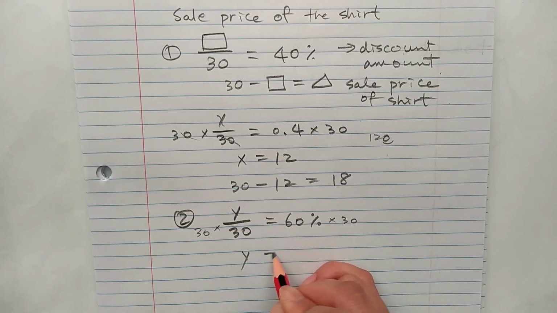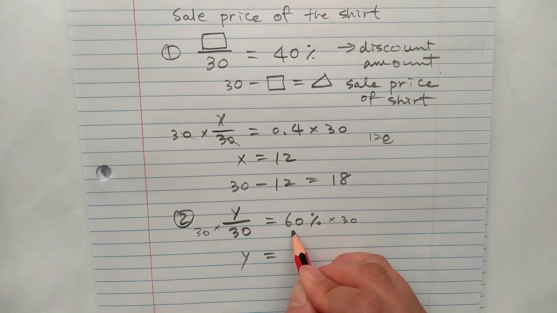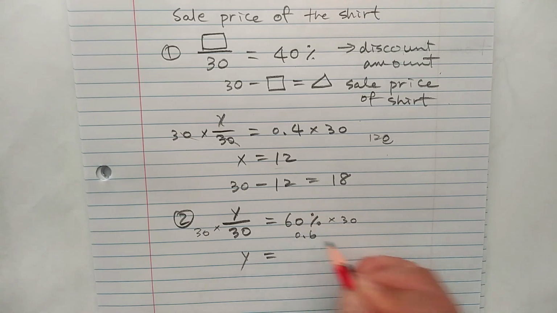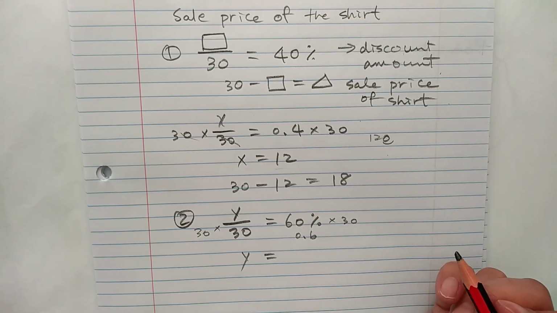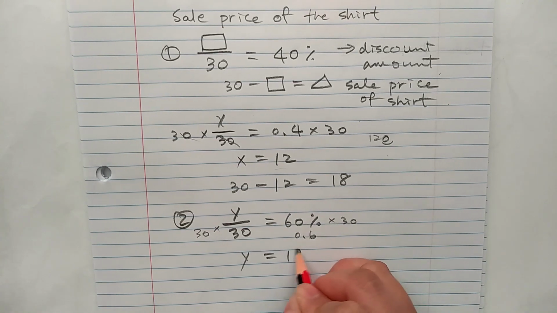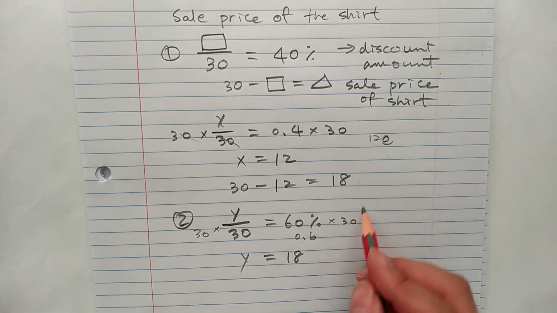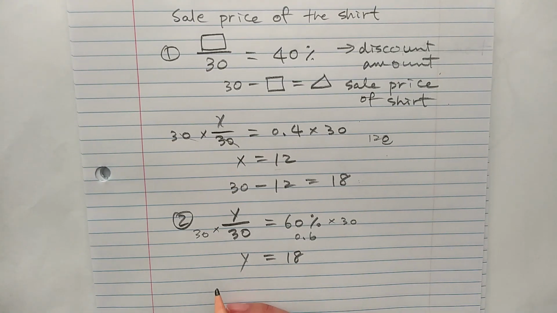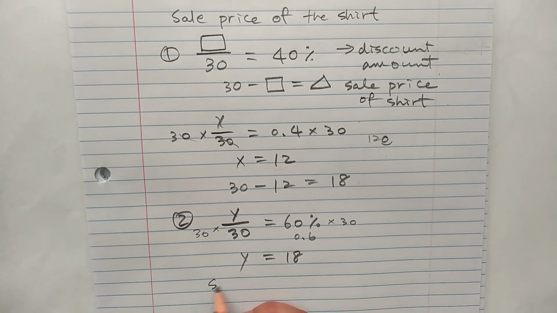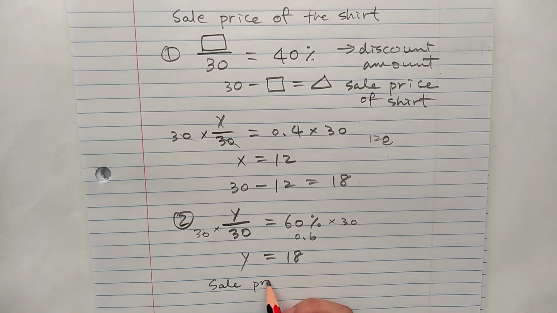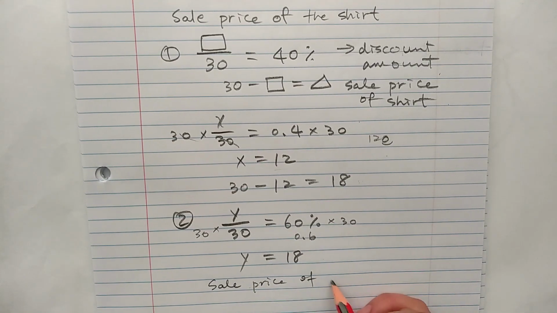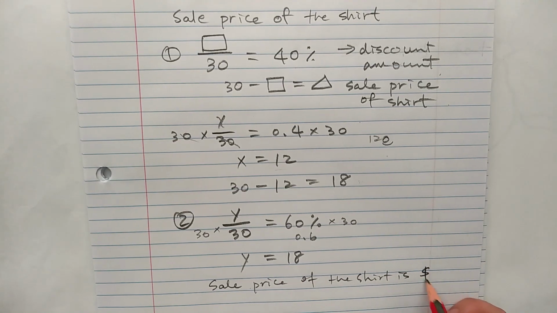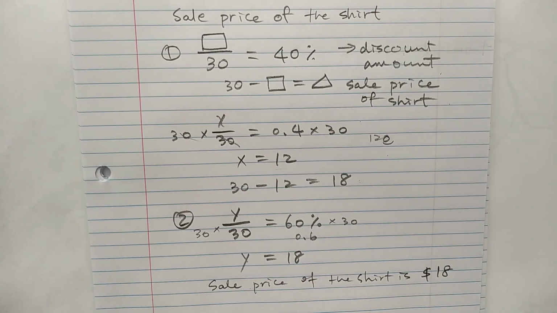So y is equal to 60% is 0.6. 0.6 times 30 is 18, which is same as this. So the sale price of the shirt is $18.